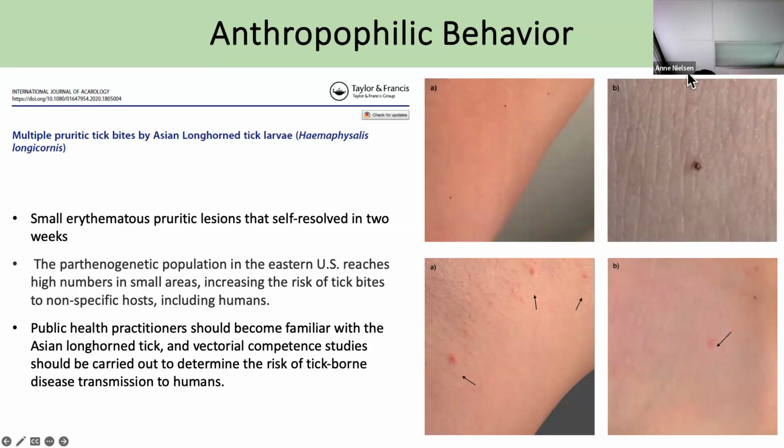Since this is an invasive species that recently came here, it's not clear whether they can transmit human pathogens yet, at least in nature. We still think that public health practitioners should become more familiar with this tick species, and we probably need to complete more vector competency studies to determine what pathogens can actually be transmitted by this tick species.